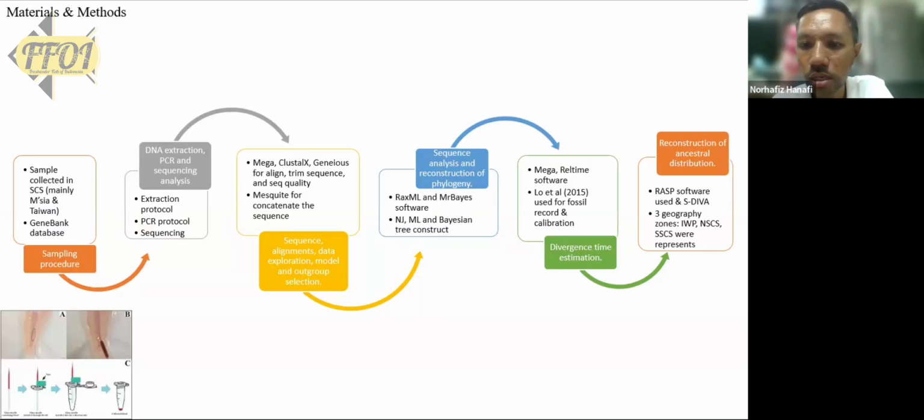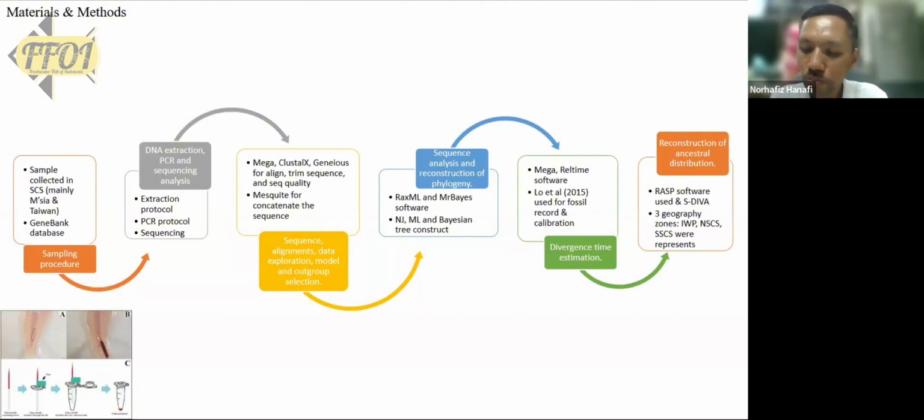Lepas tu kita sebenarnya kalau advance lagi kita guna fossil calibration. Fossil calibration ni biasa kita ambil daripada paper. And then we use the ancestral reconstruction daripada RASP. Ini sebab kita nak tengok ancestor kita kat mana. Ini advance sangat lah bagi you all, tapi I cerita secara surface je.